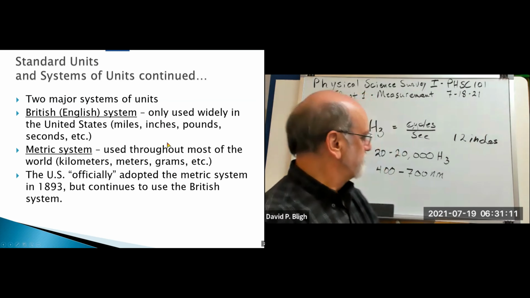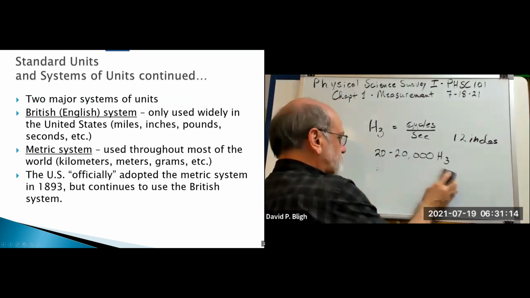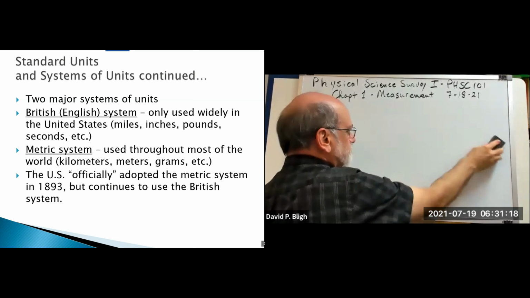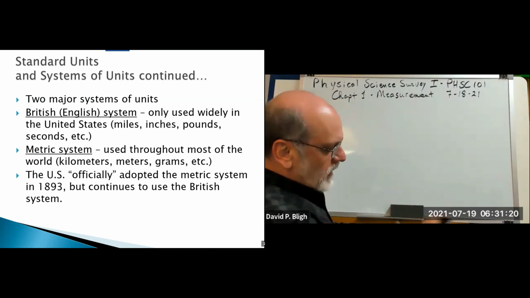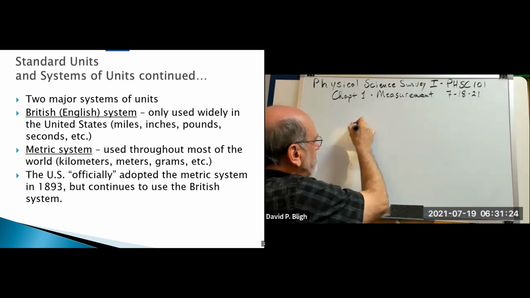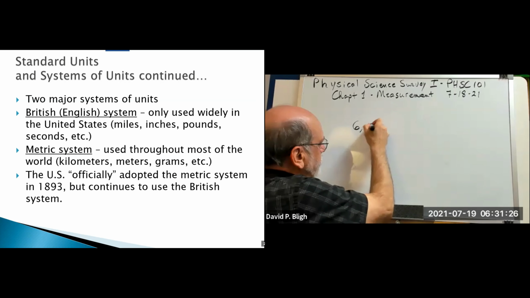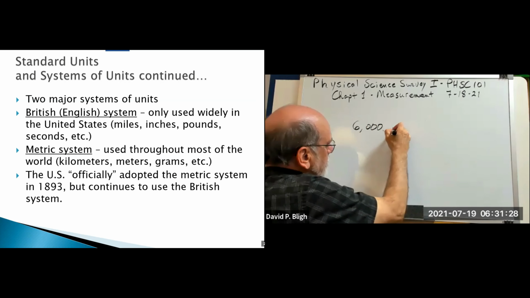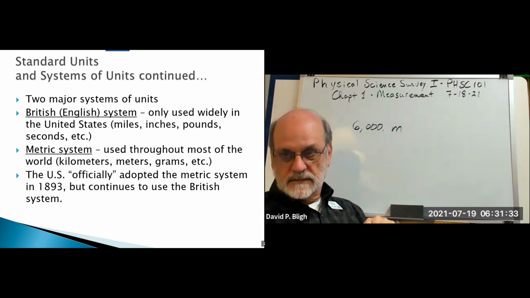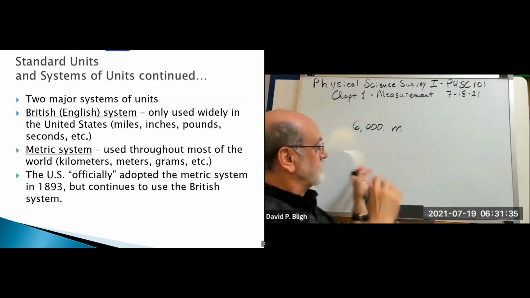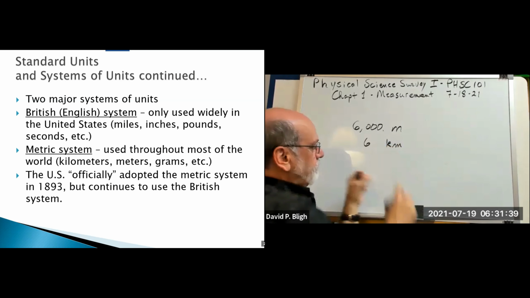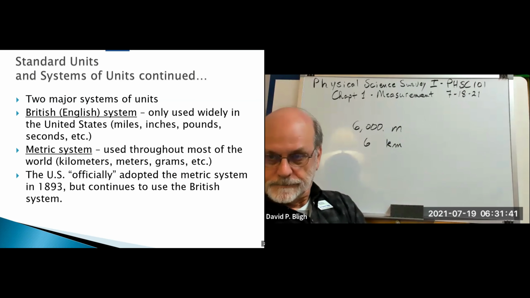So when I say something is 6,000 meters long, I could also say it's 6 kilometers.